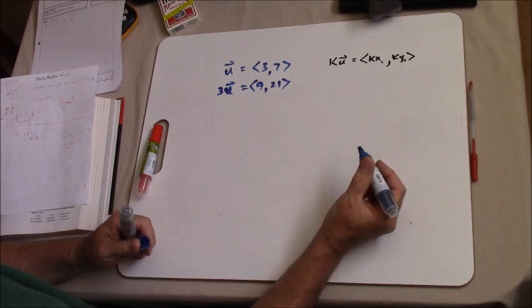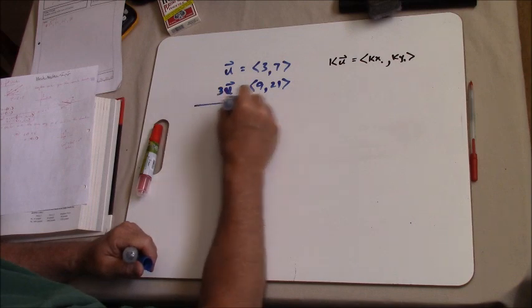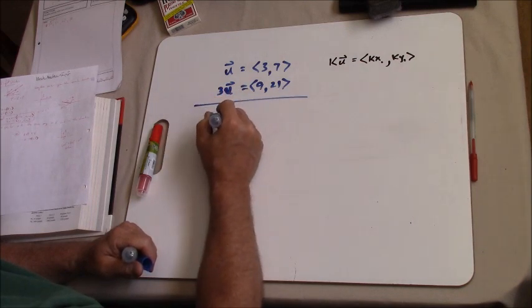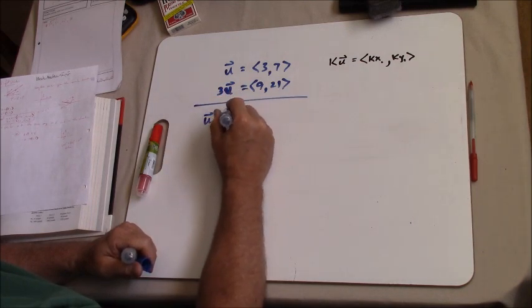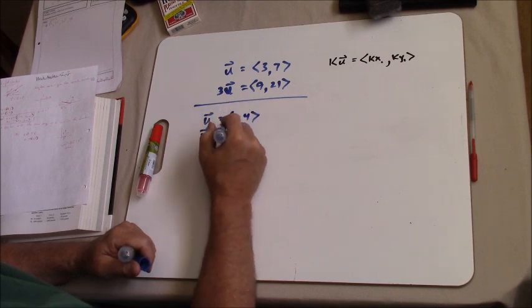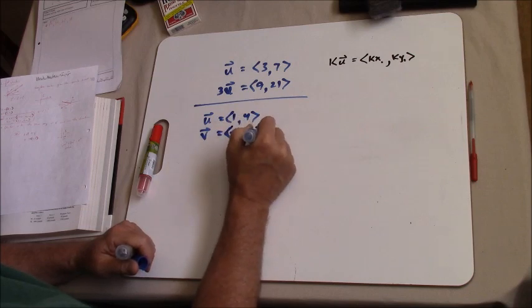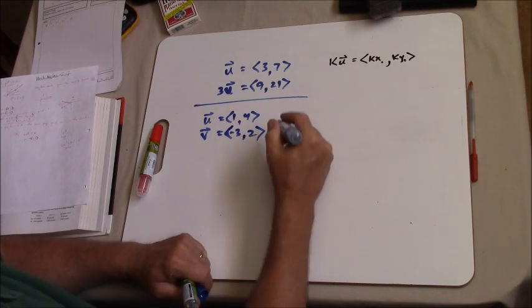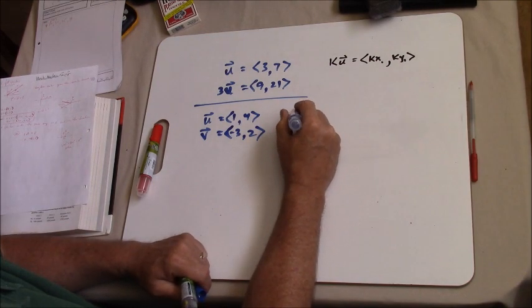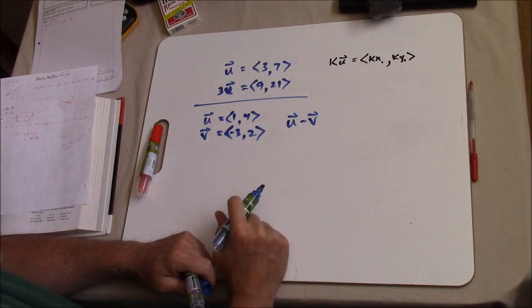We also didn't talk about subtracting vectors. So what if I say that vector u is equal to 1, 4, and vector v is equal to -3, 2. And how do you subtract those vectors if you're going to write your answer in component form?